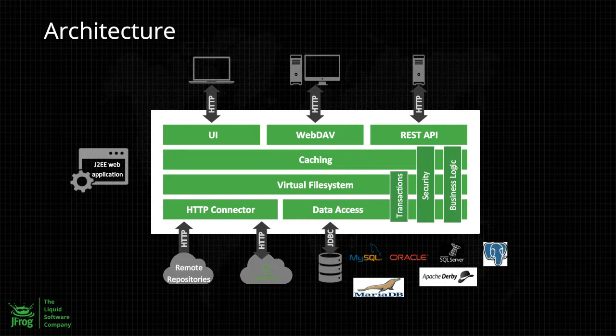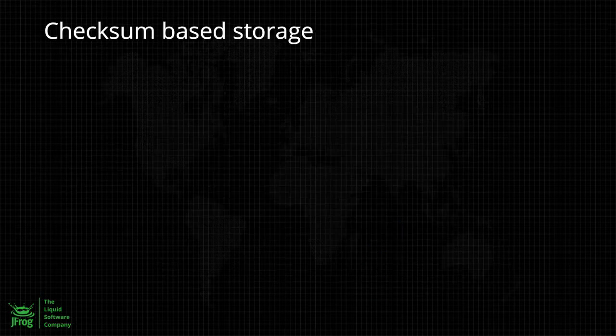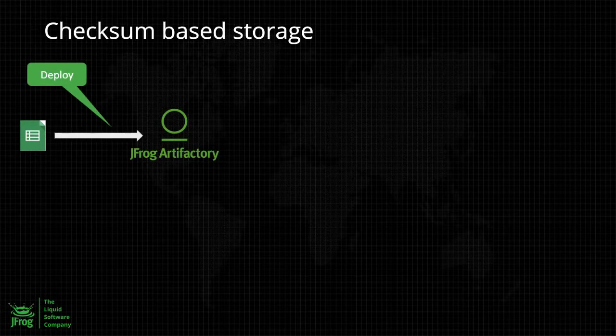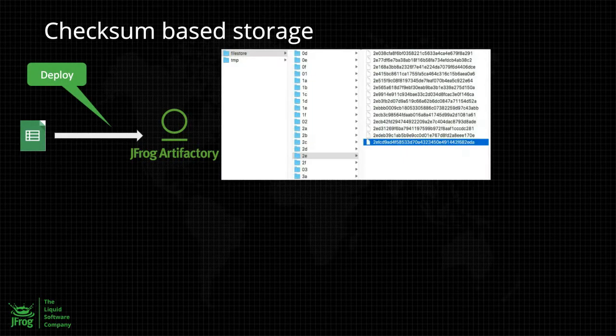And here we'll take just 1 minute to give a bit more information about Artifactory and how Artifactory stores artifacts. When you deploy a file in Artifactory, Artifactory calculates its checksum and will store it in your file store, so in your S3 bucket or your local file system, based on its checksum.